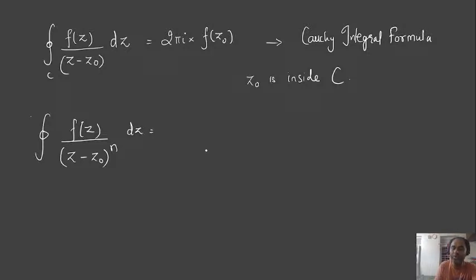If we do this, then there is something nice happening here. It is 2 pi i divided by n minus 1 factorial. Okay, that is what we have.